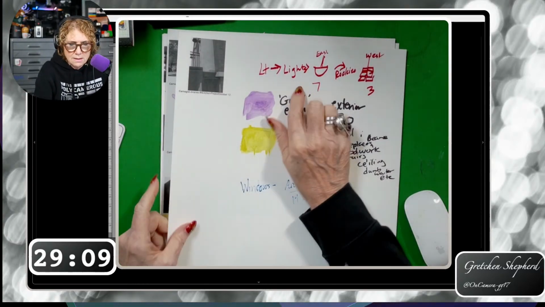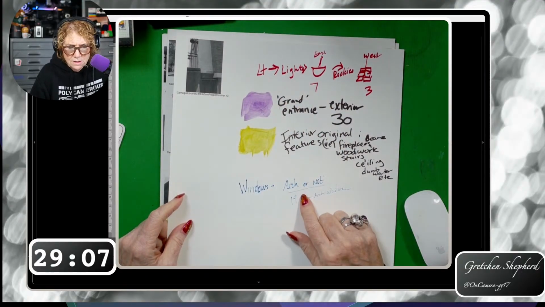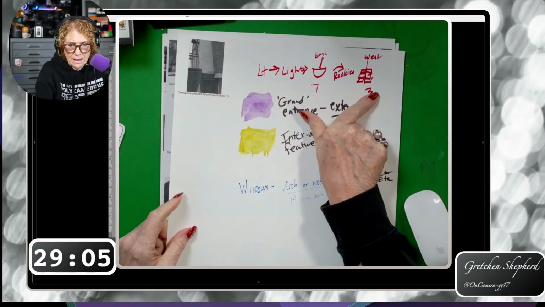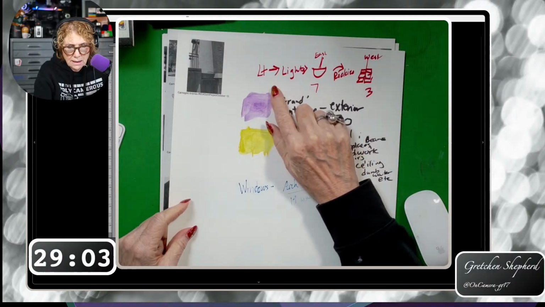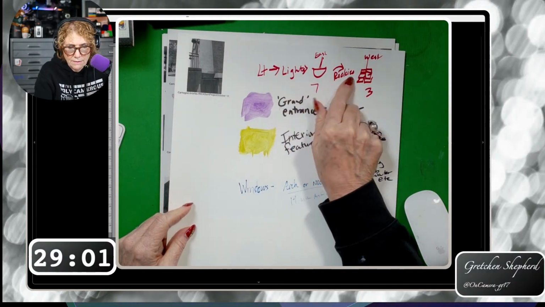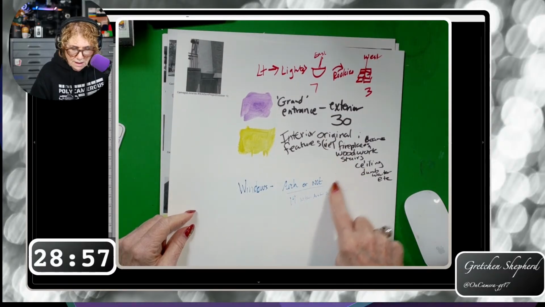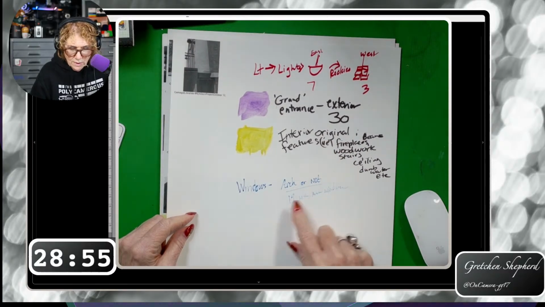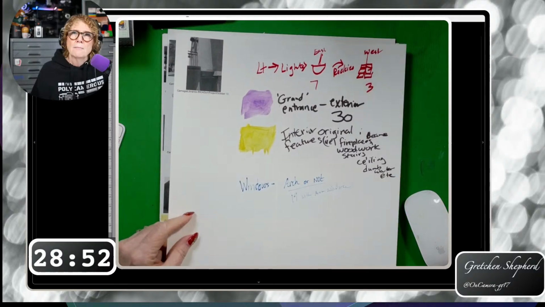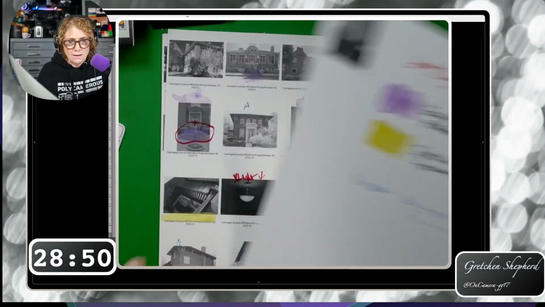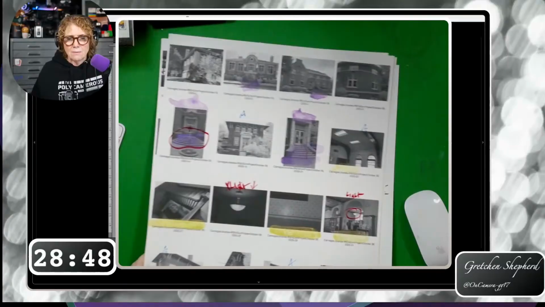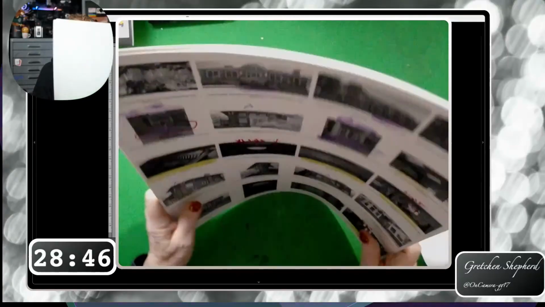I started making some notes the other day about how many I had of the lights, the grand entrance, exterior, the interior features, whether the arch or not, and the window features. That got me at least looking at how I want to start grouping.